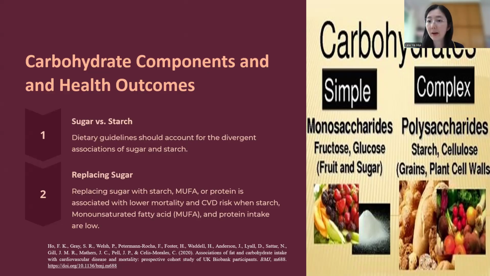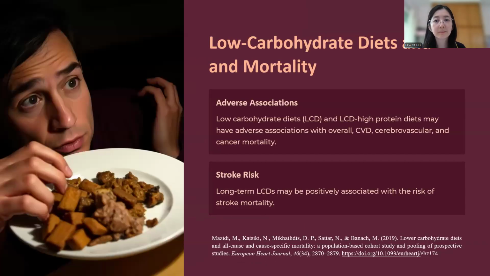Different types of carbohydrates had different effects on health. So that's why it is suggested that dietary guidelines should consider the varying impacts of sugars and starch on health outcomes.